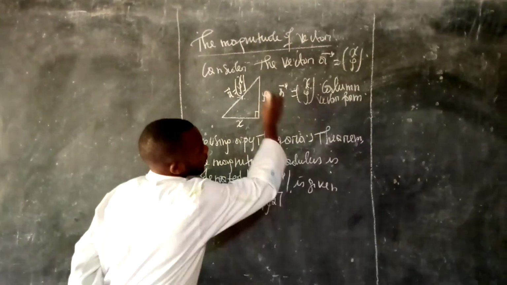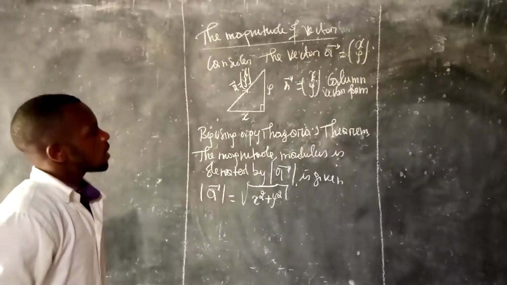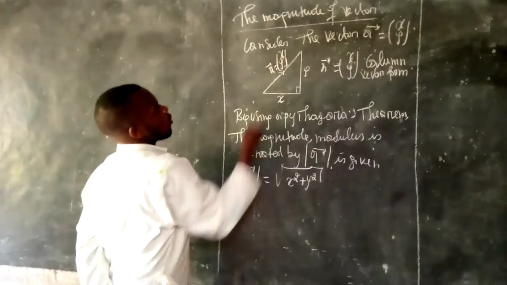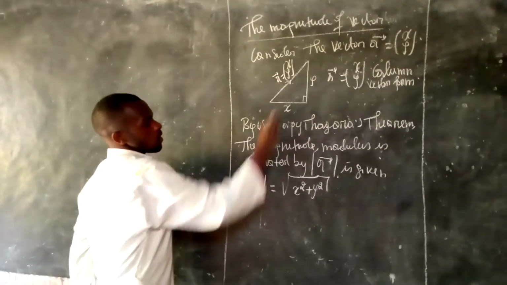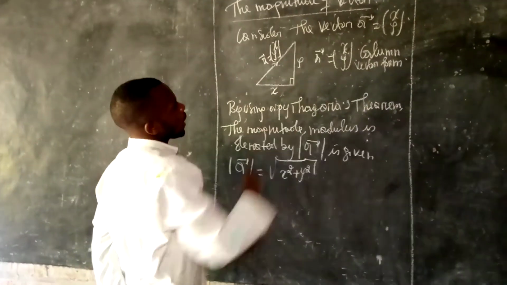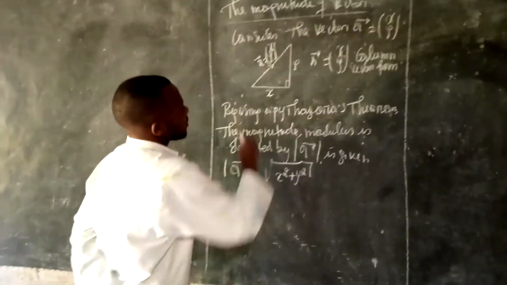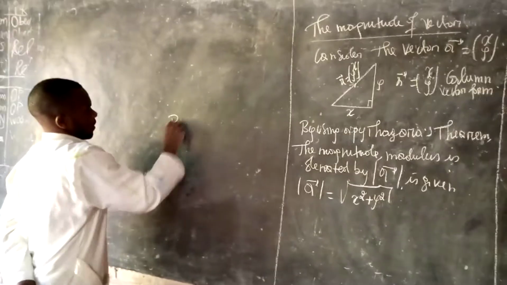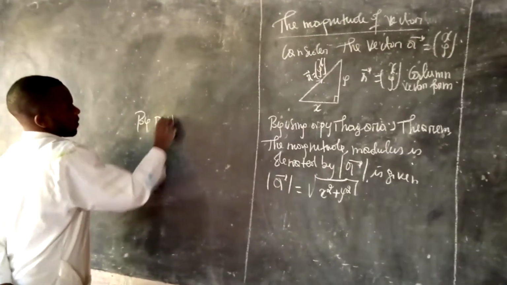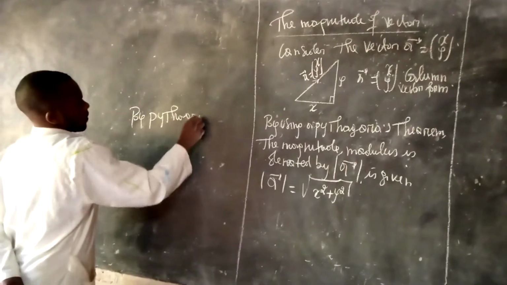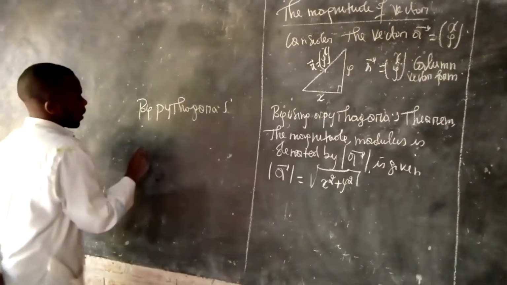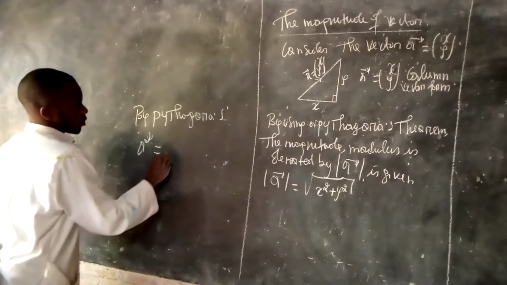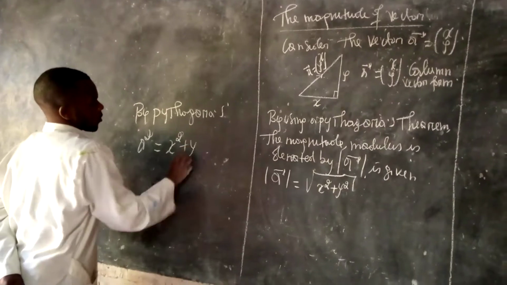Remember that about the Pythagoras theorem, we say that the square of the hypotenuse is equal to the sum of the squares of the other two sides. Yes? Means that by Pythagoras theorem, A squared is equal to x squared plus y squared.